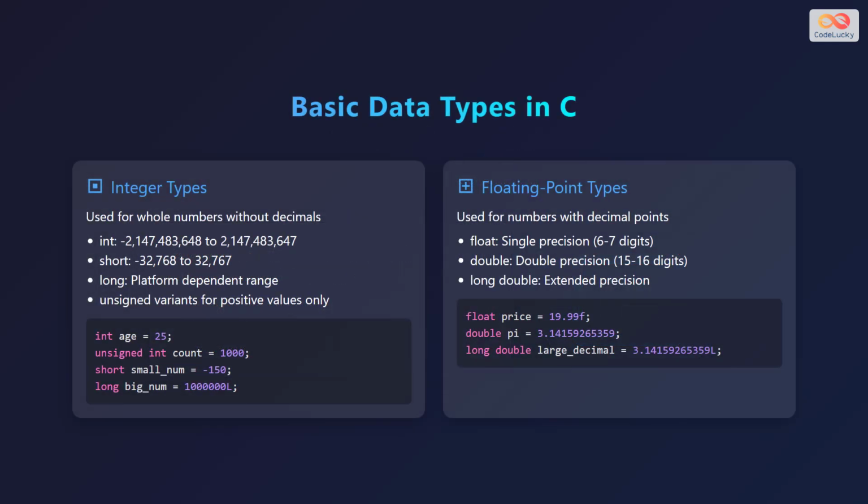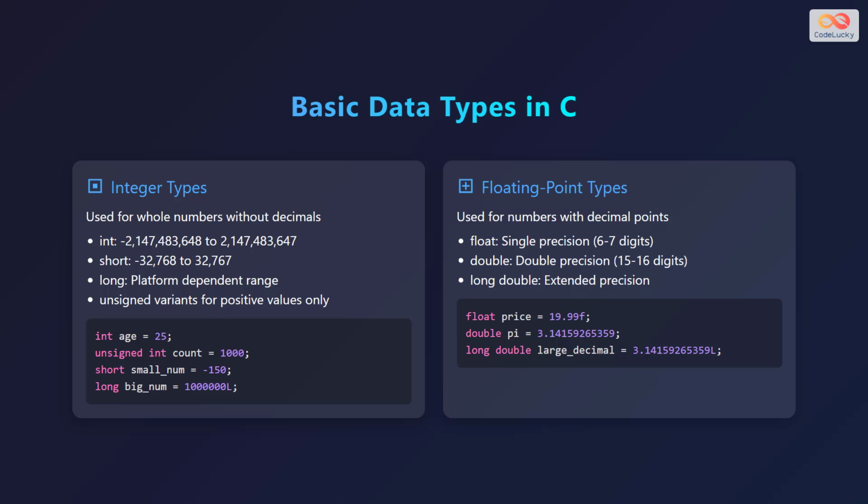C offers several basic or primitive data types that form the basis for more complex data structures. Let's start with integer types. These are used for storing whole numbers without any decimal points. You'll often encounter int, which typically ranges from -2,147,483,648 to +2,147,483,647.